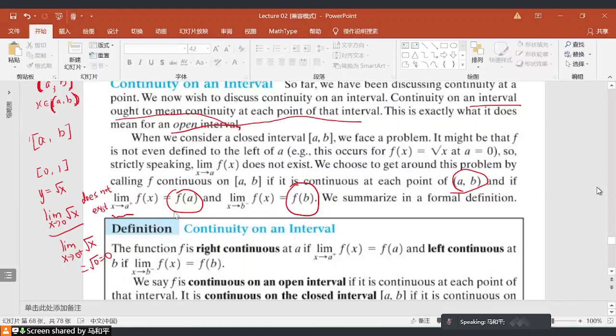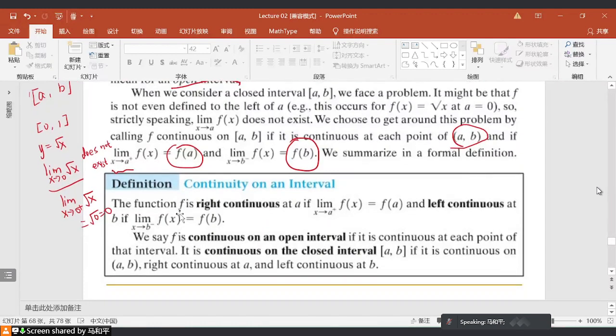Okay, so we have the continuity on an interval. This means f is right continuous: we have the right limit, and the right limit must be f(a). If the limit at b is not f(b), then it's not continuous.